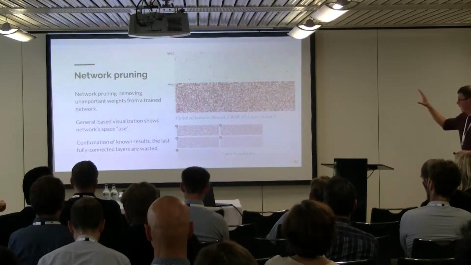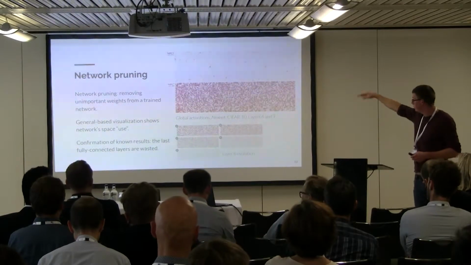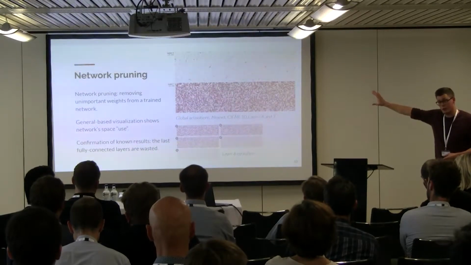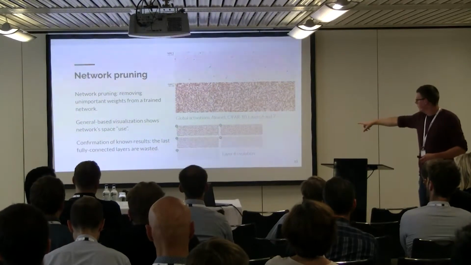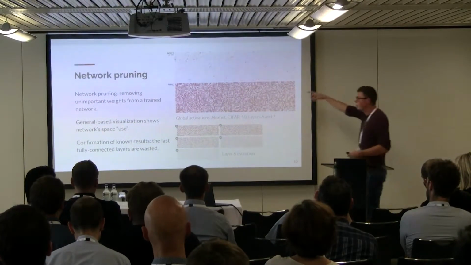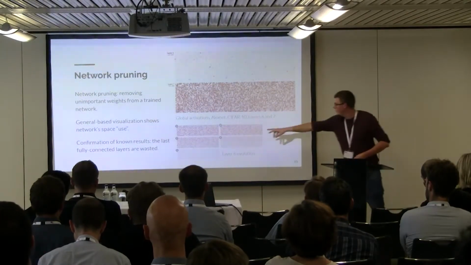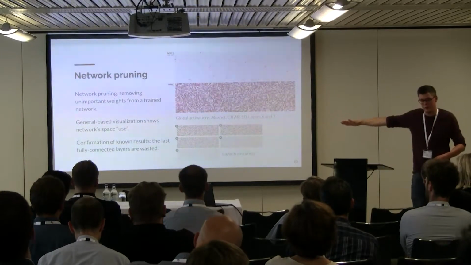The second use case is network pruning. This is an AlexNet network. The top right picture is the last two fully connected layers of an AlexNet trained on CIFAR. And the bottom one is the 6th layer, but during the training, at epochs something like 40, 80, 120, 160, and 200.